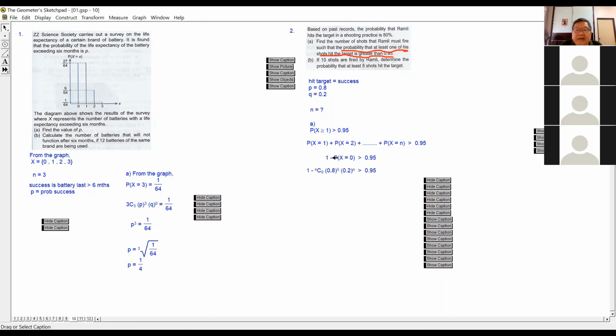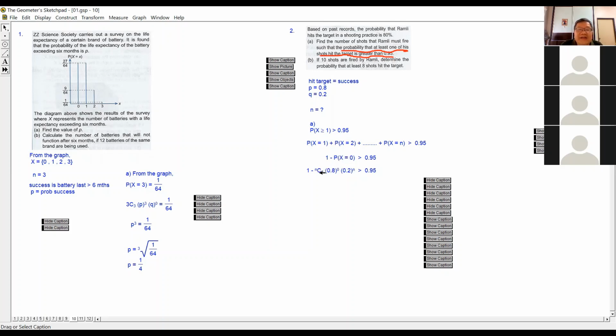So the probability of x equals 0 is nC0, 0.8 to the power of 0, 0.2 to the power of n. It is very lucky that we use the last one, because we use the first one.